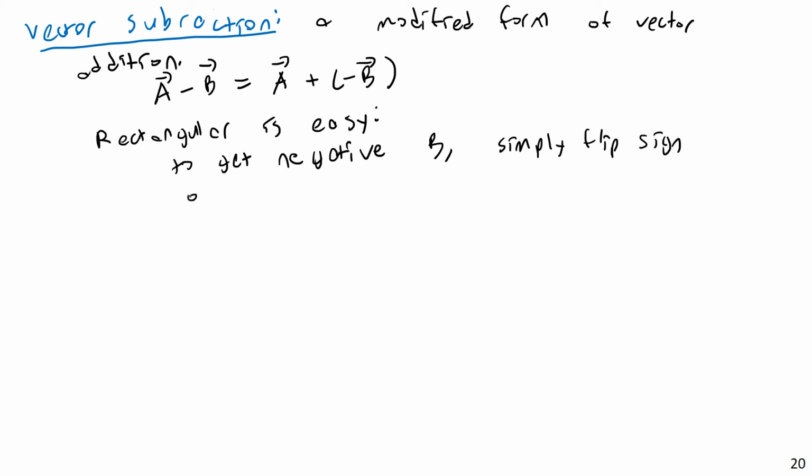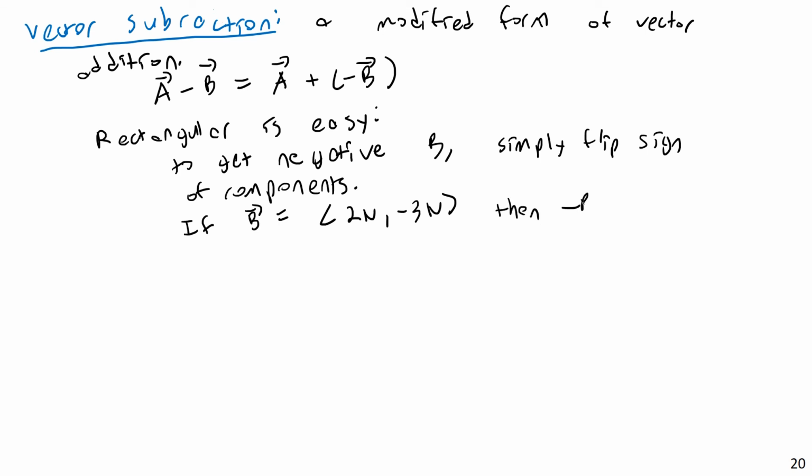For example, if b equals 2 newtons, comma, negative 3 newtons, then the negative b that you'll add to a is negative 2 newtons, comma, positive 3 newtons. Very simple.